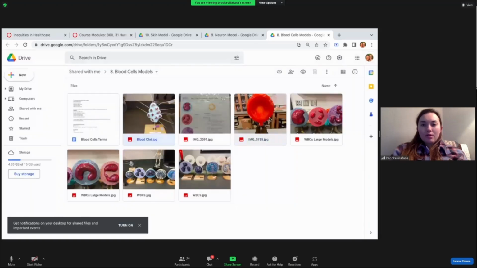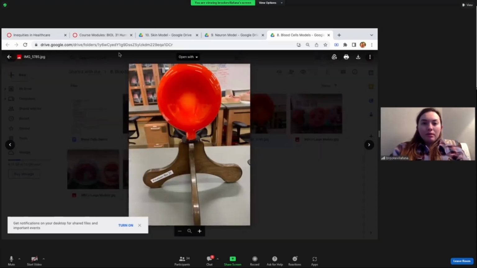Okay, and then this is our red blood cell. Not a whole lot on this one, just know that it is the red blood cell, also called the erythrocyte. Its function is to transport oxygen. And then its shape is biconcave, the biconcave disc.